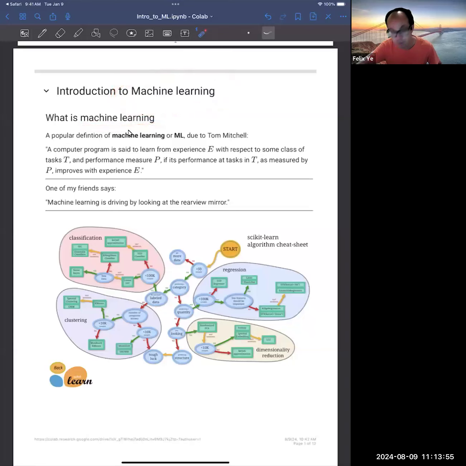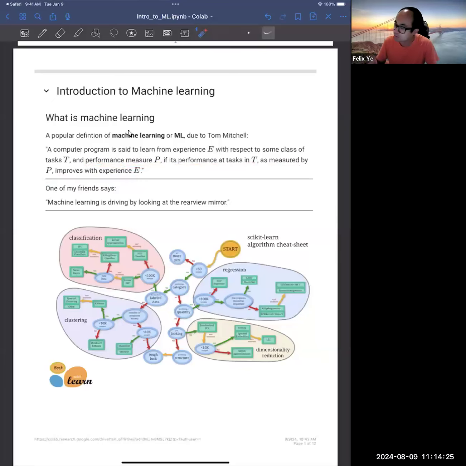A popular definition of machine learning is: a program that learns from experience E with respect to some class of task T and performance measure P, if its performance at task T, as measured by P, improves with experience E. So it's kind of complicated.